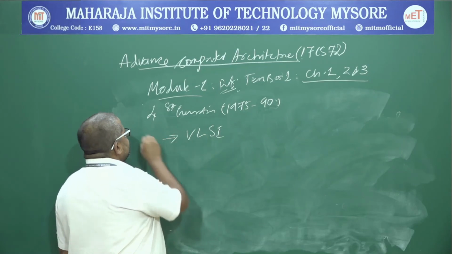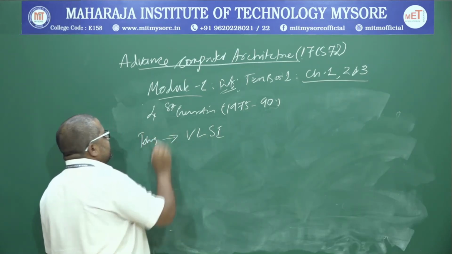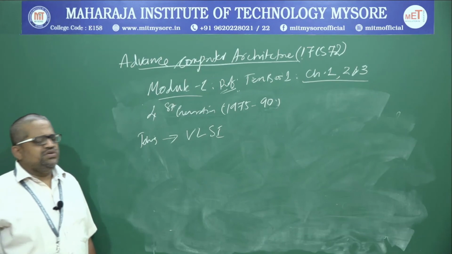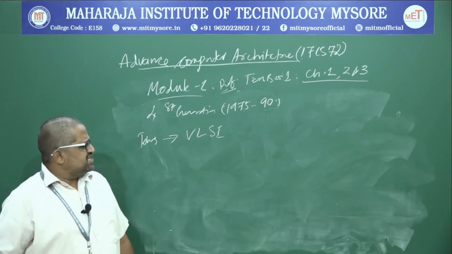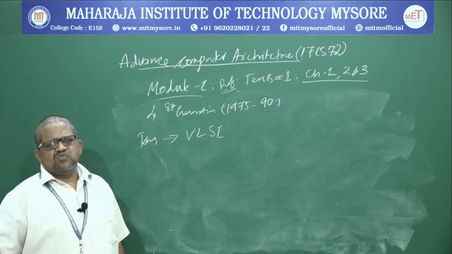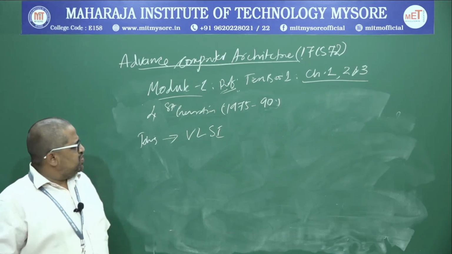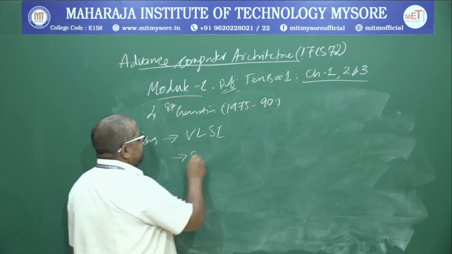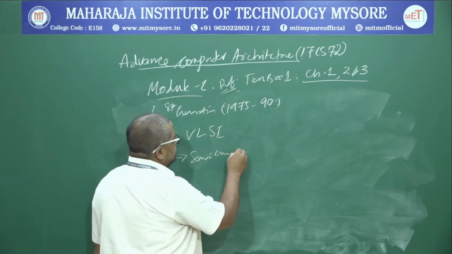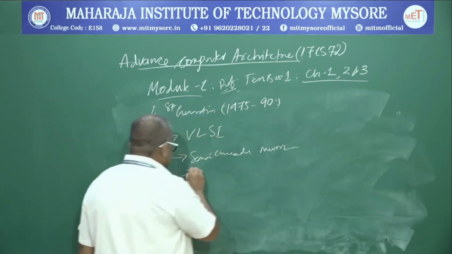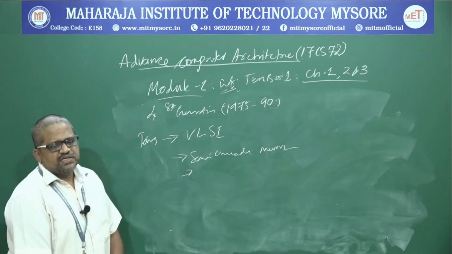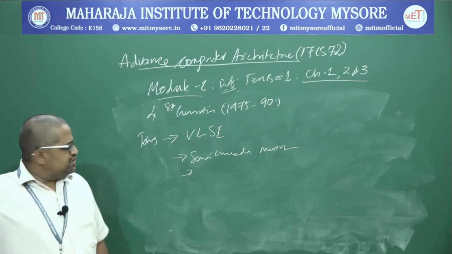VLSI. The technology was VLSI integration, huge fabrication, where n number of discrete transistors were able to be integrated on one single chip. That somewhat supported it, and then the concept of semiconductor memories came into the picture.